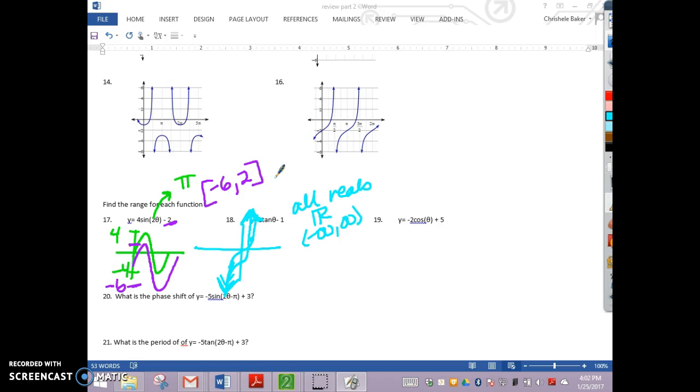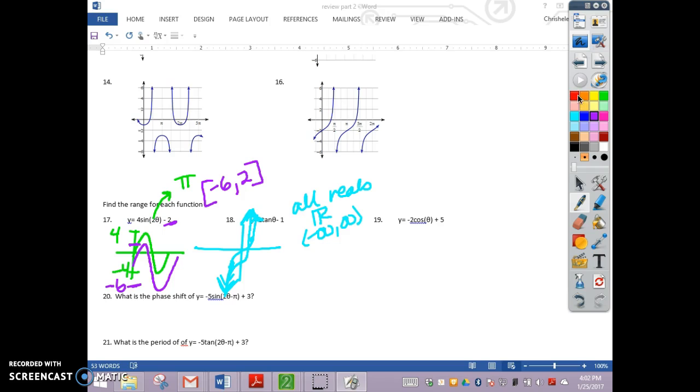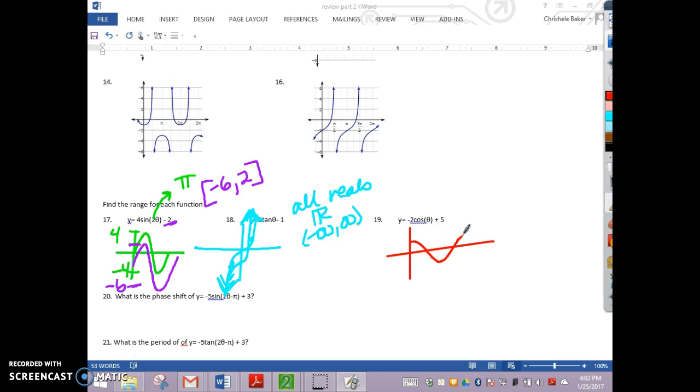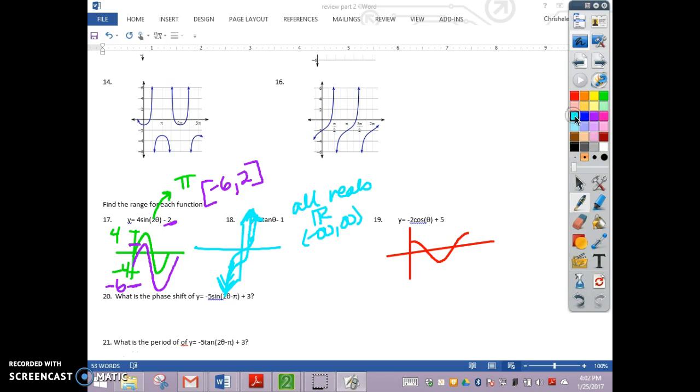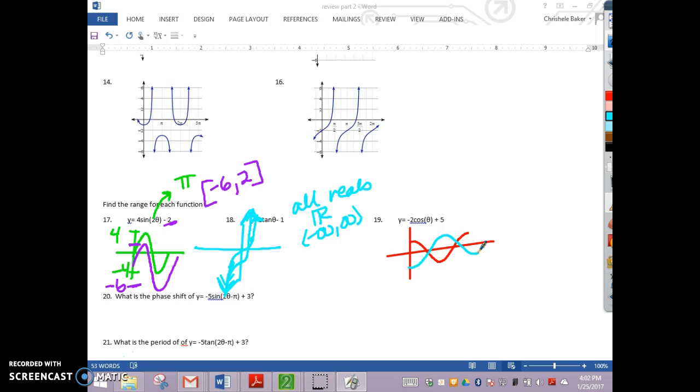Okay, next I have the negative 2 cosine of theta plus 5. And if I think about cosine, max, 0, min, 0, max, negative cosine, min, 0, max, 0, min. Still going that amplitude from negative 2 to positive 2.